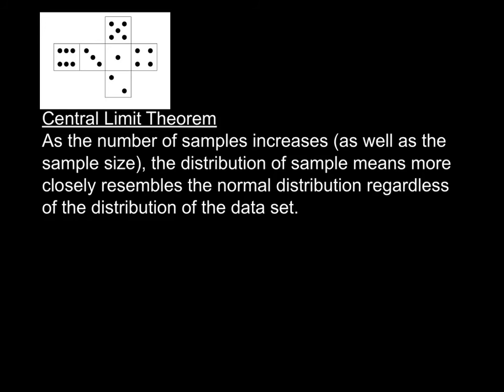However, when I start increasing the number of samples of dice rolls, then I compute the sample means, I find that the distribution resembles the normal distribution. The more samples, the stronger the bell-shaped pattern.